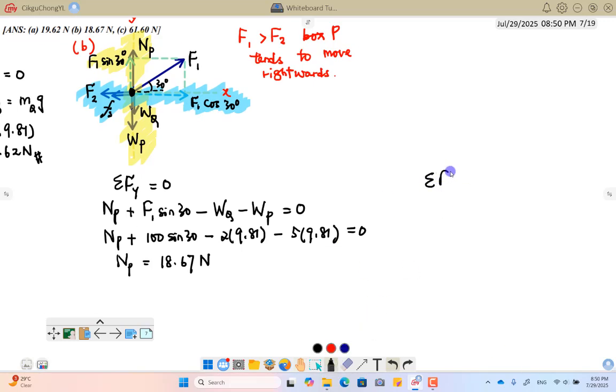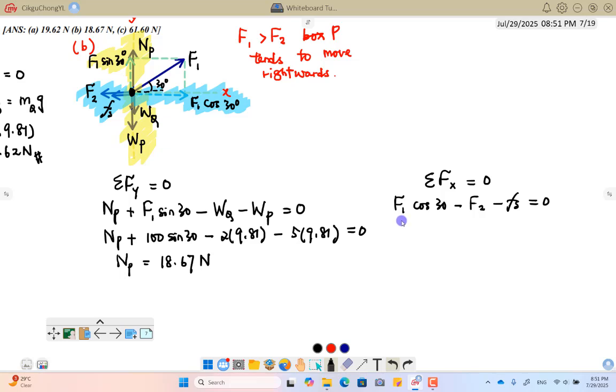So the summation of force along the x component equals 0. Along x, I have F1 cos 30 pointing rightwards, and F2 and the static friction force pointing leftward. So F1 cos 30 minus F2 minus Fs equals 0.